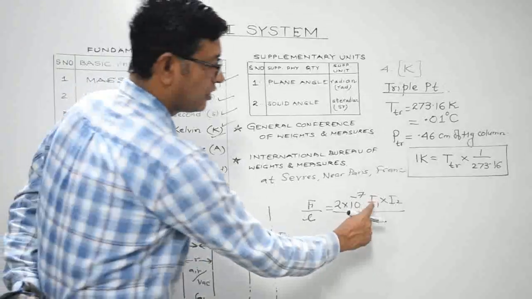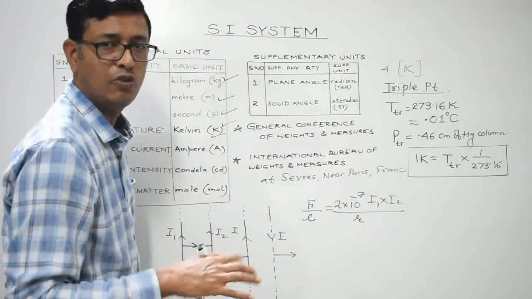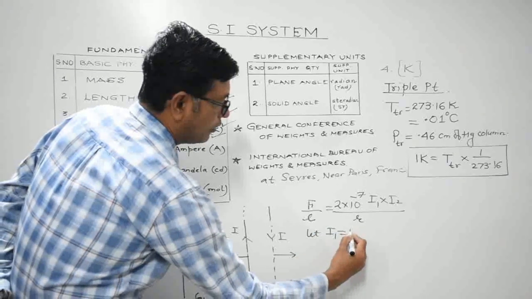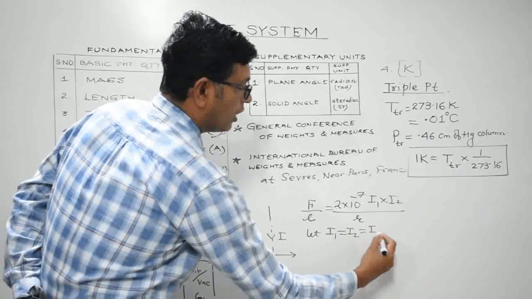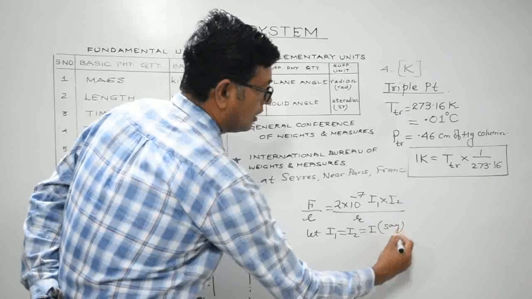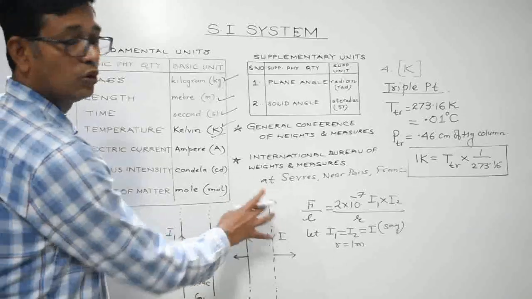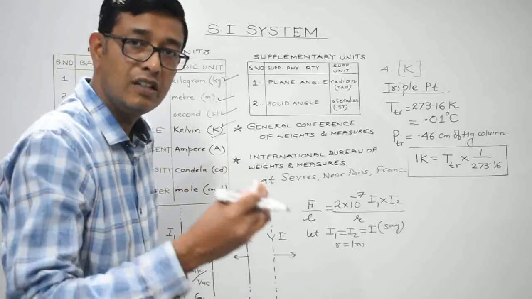Now my intention is to define 1 ampere. So how do you proceed? Let I1 equal I2 equal I, say, and suppose r is equal to 1 meter. I am considering these two straight conductors to be placed in air or vacuum.